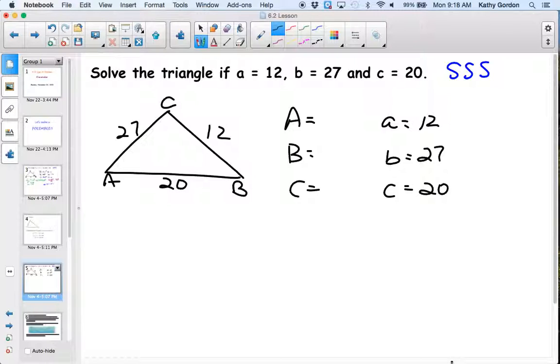Does it matter which angle I decide to look for first? Yes, it does. The biggest one. Why should it be the biggest one? I just remember that from last year. Anthony's like, I don't remember much from cramming that trig in, but I remember that. He's right. We have to start with the biggest one.